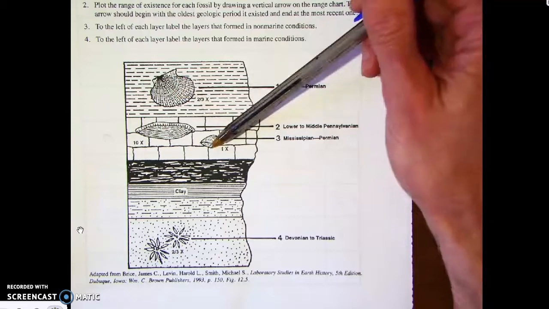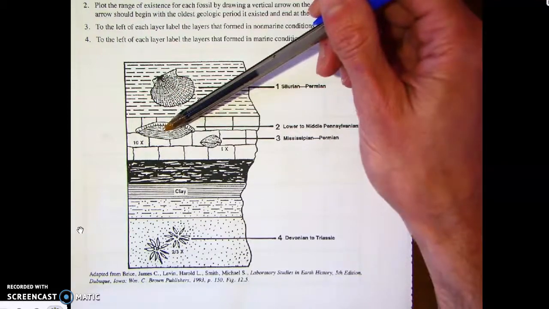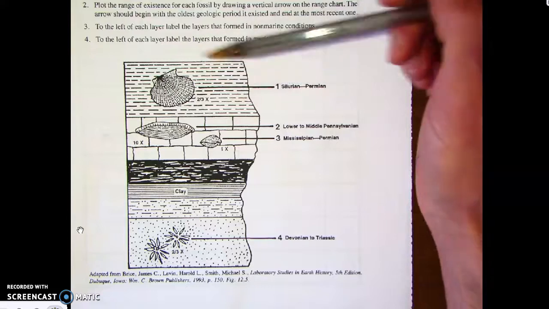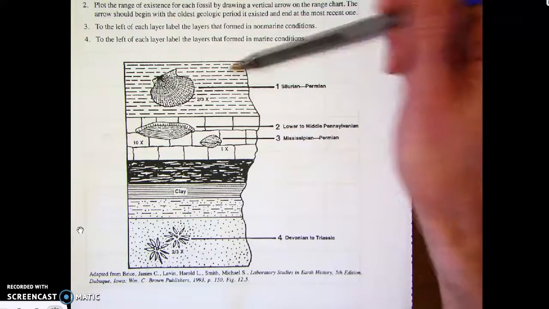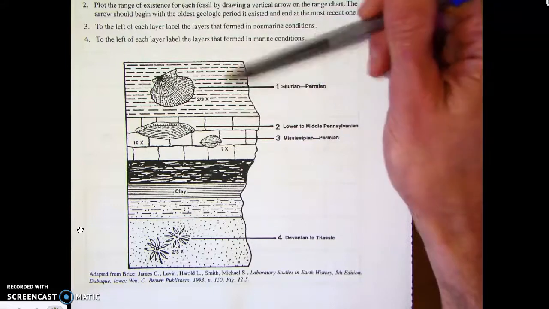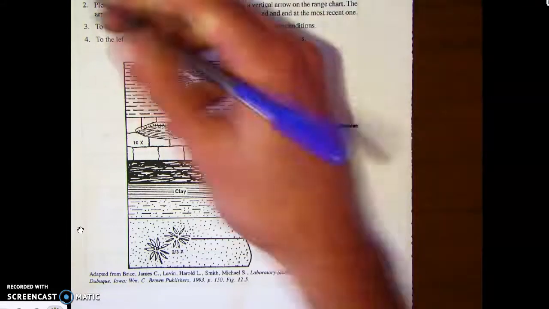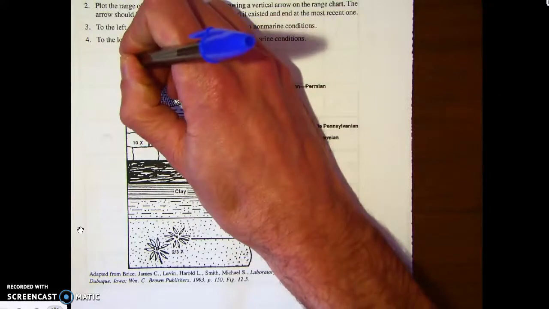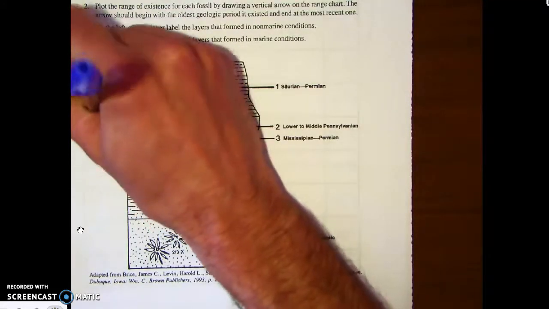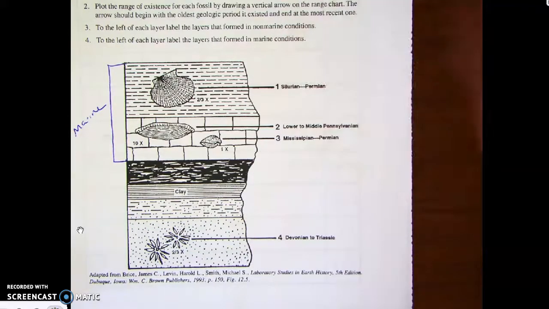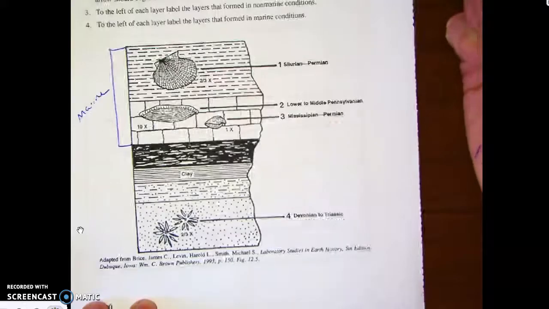We have the Brachiopod, which lived in water. The Foraminifera lived in water. We also have very fine sediments. This rock symbol is for shale. This is for limestone. This is very fine material. So these rock units here would be our marine units. These are rocks that formed underwater from the deposition of sediment.